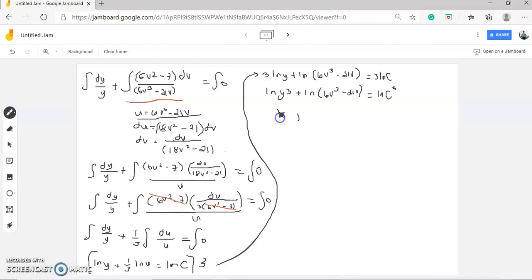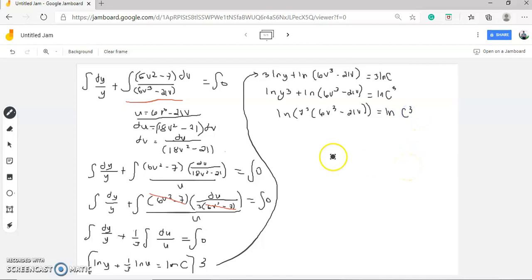So we have ln of y cubed multiplied by 6v cubed minus 21v equals ln of c cubed.